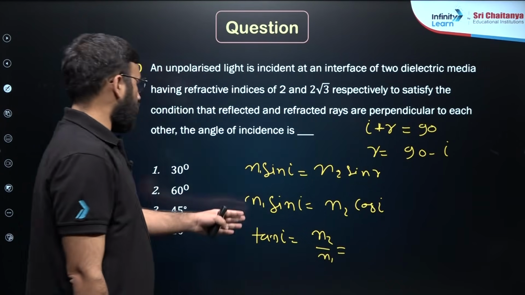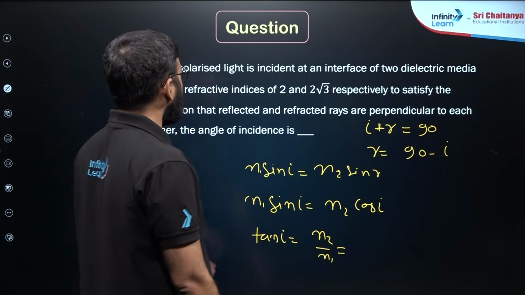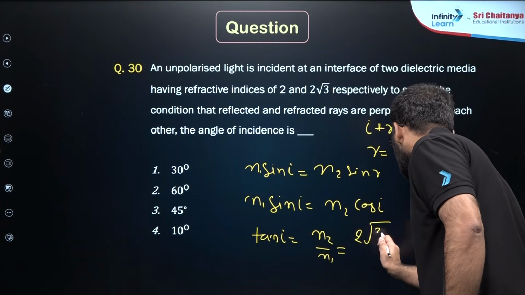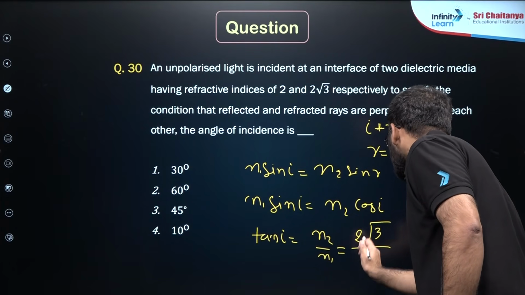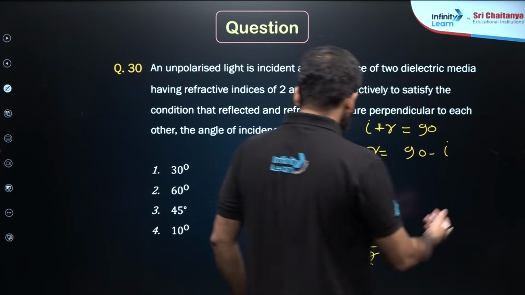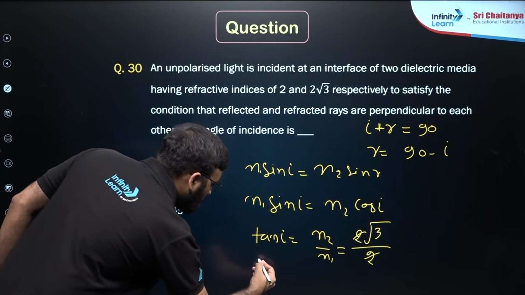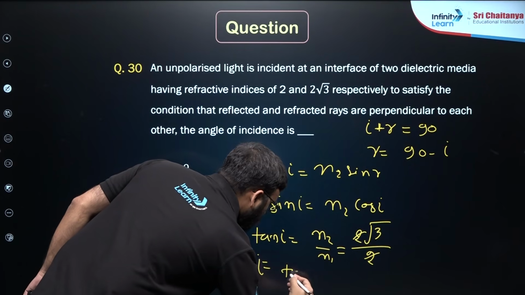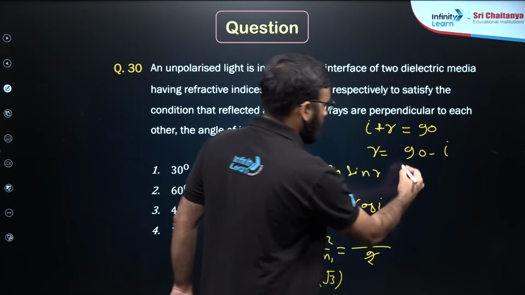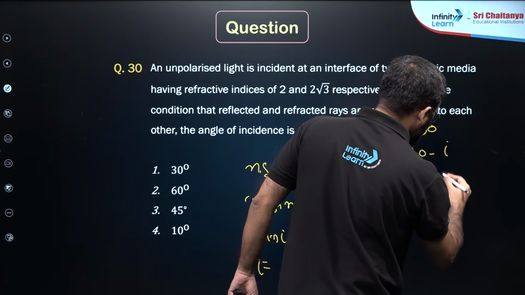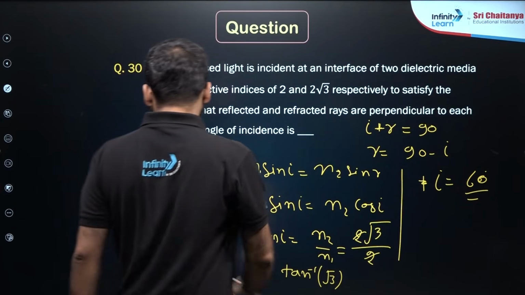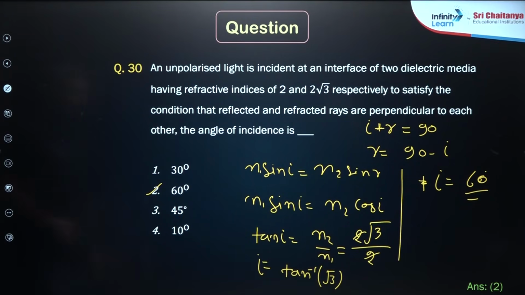N2 is √3 and N1 is 2, so this value is √3 divided by 2... tan I equals √3, so I equals 60 degree. Okay beta, which option? Option 2 is your correct answer.